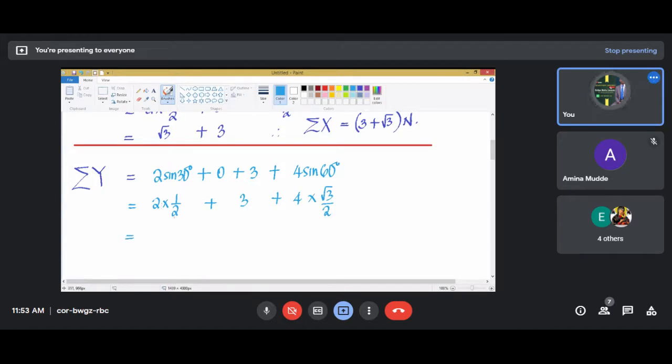That 2 over 2 is 1, plus 3. I agree. Good. This is 2 root 3. That is the summation of y. Therefore, the summation of y is also a surd, which is 4 plus 2 root 3 newtons.